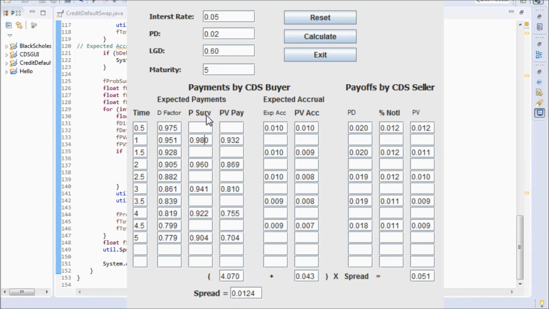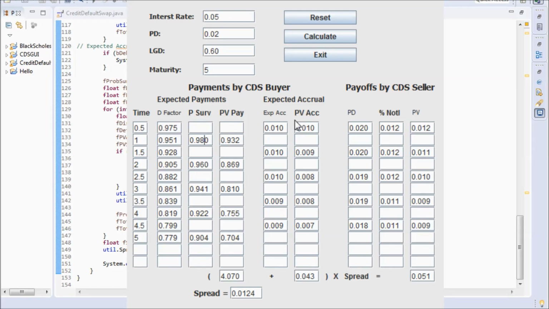When the bond issuer does default, we need to pay expected accrual to the insurance company. And we consider every 6 months, or half a year. In this column, I calculated expected accrual, and then based on the discount factor, I calculated the PV of this accrual.